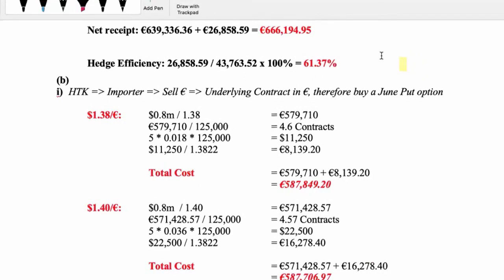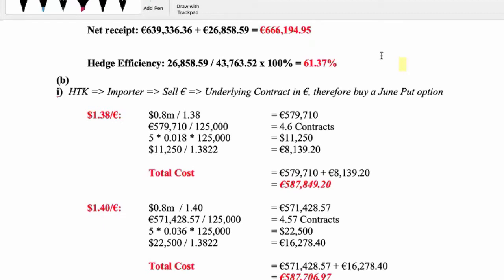And some people might be confused as to why I didn't use the word sell, just like the way I used the word sell futures. So why am I saying buy calls or buy puts as opposed to buy calls and sell puts, or buy puts and sell calls? Why am I not using the word sell here? Because you're not issuing the option. Yeah, we're not writing. We want to protect it.